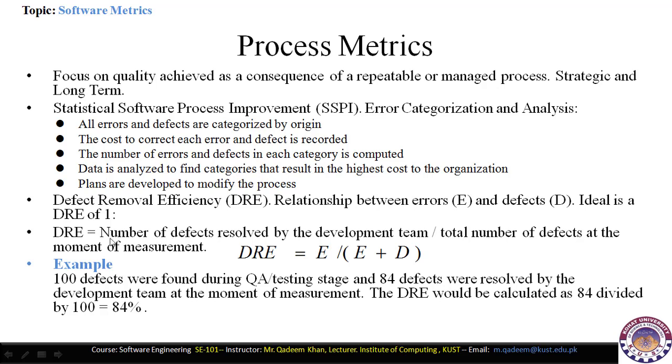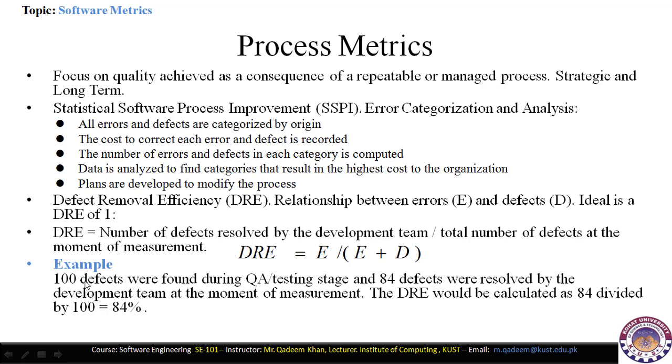Now DRE is an equation in which we have the number of defects resolved by the development team divided by the total number of defects at the moment of the measurement. So DRE is equal to E divided by E plus D, where E represents the errors and D represents the defects.